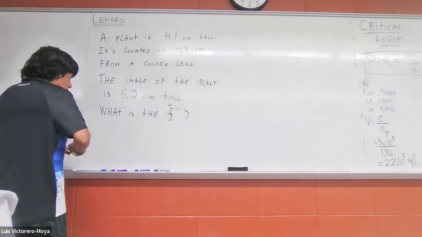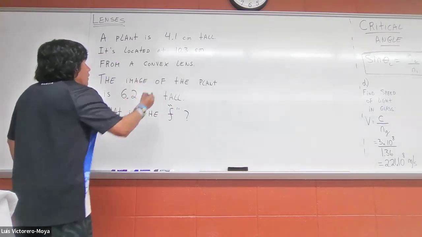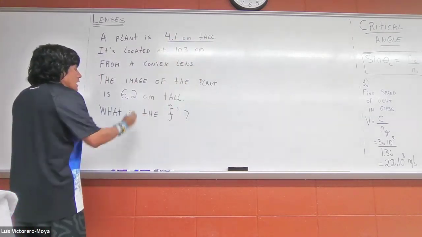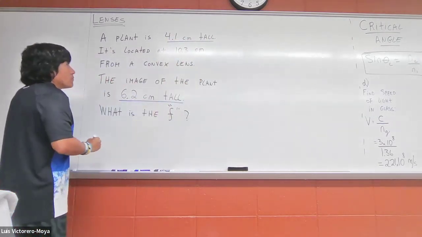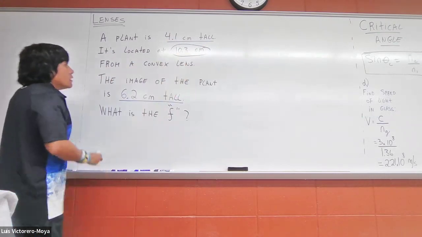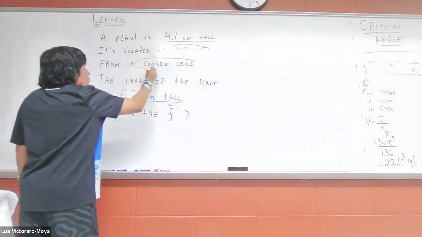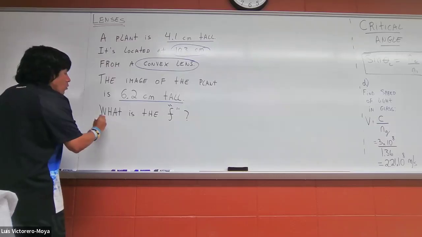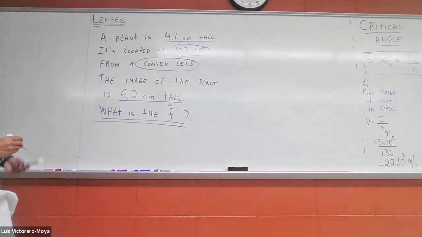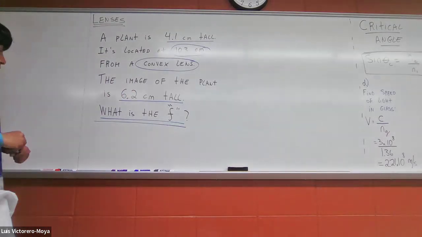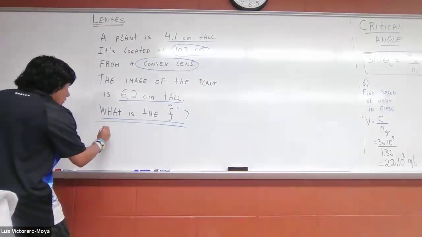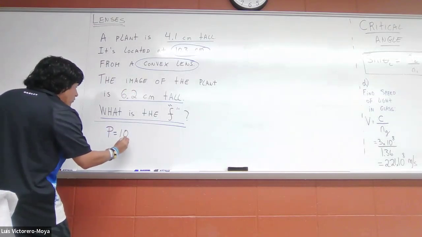All right. That's the size of the object. That's the size of the image. That's the object distance. They give you the type of lens, convex lens. What is the focal length of the lens? Okay. So let's write here the parameters, the values that we have. P is 10.3 positive.